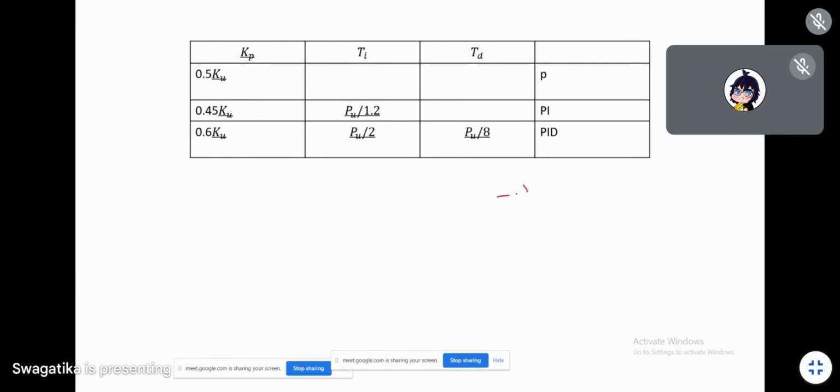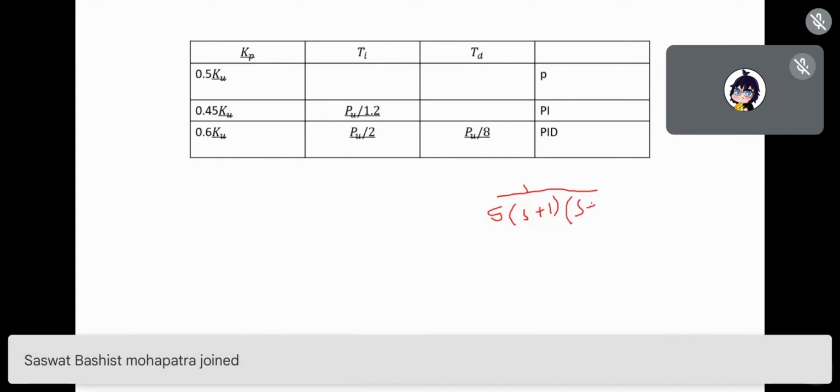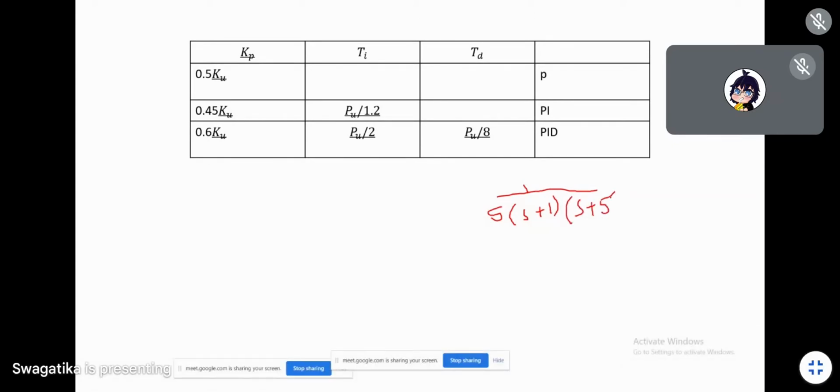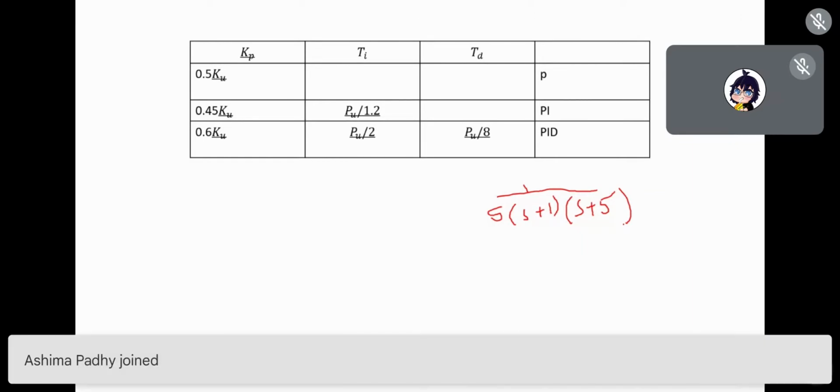Okay, suppose this is the transfer function I have given to you. So what are the steps you have to follow? What are the steps?